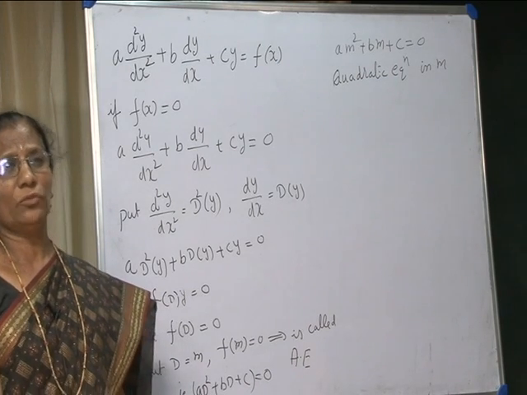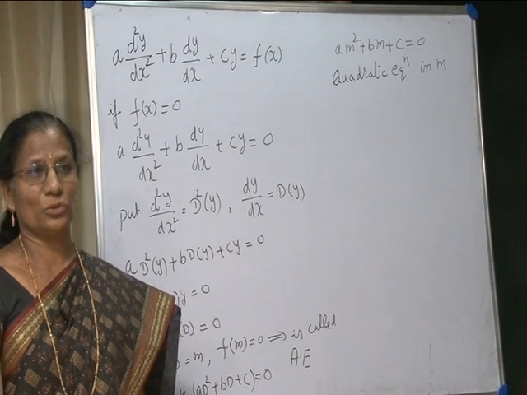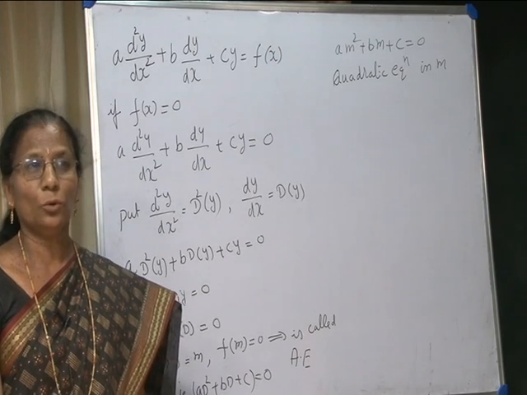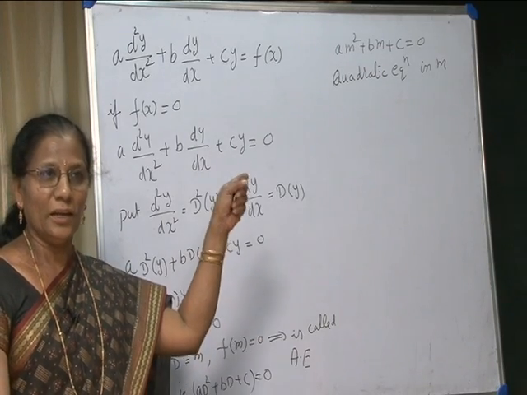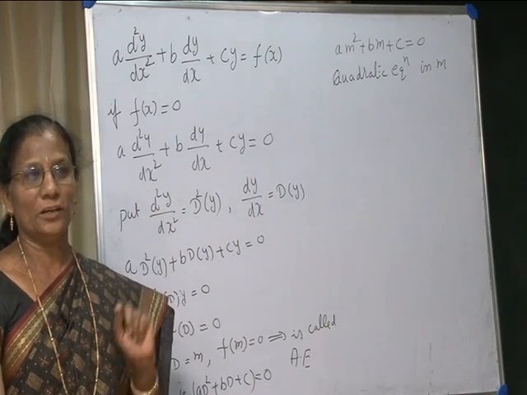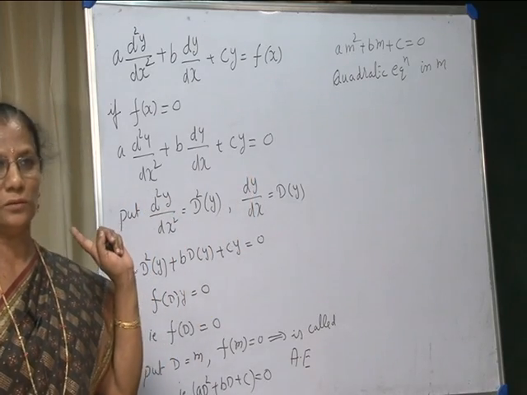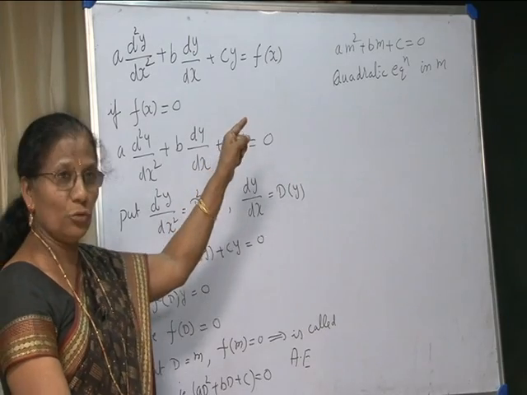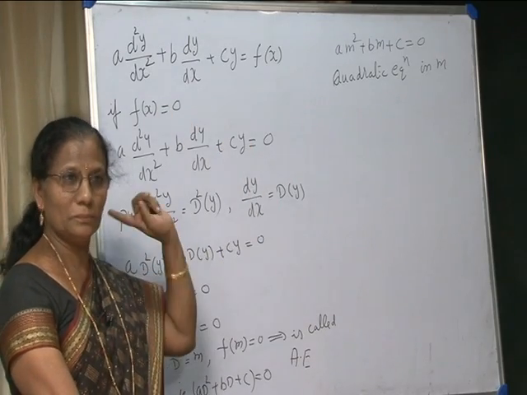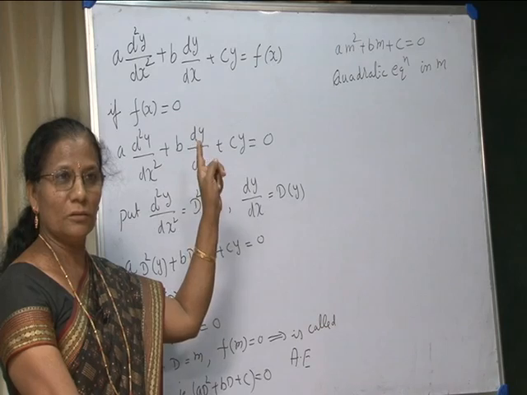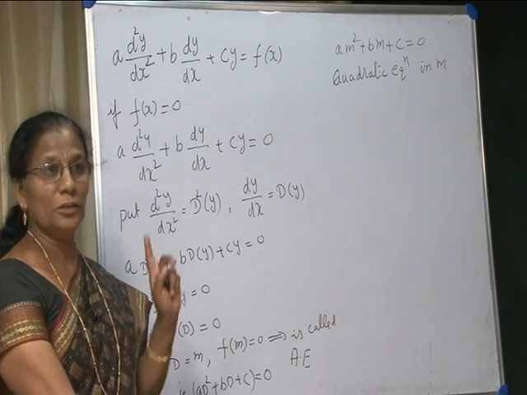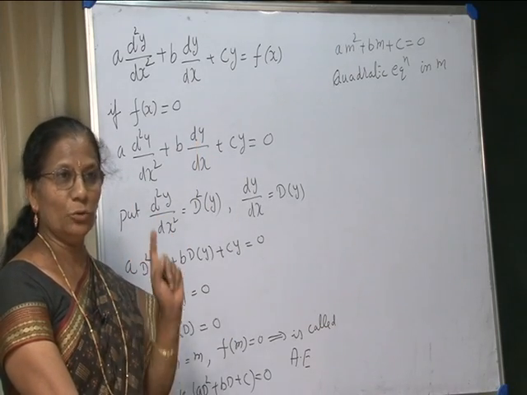We know it very well. Every quadratic equation has two roots. That means here m has two values. We will see now. First you find the values of m using factorization or using the formula. You know it very well.